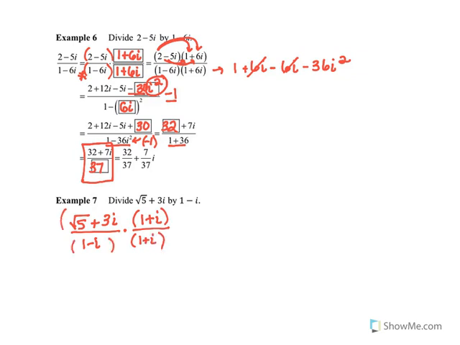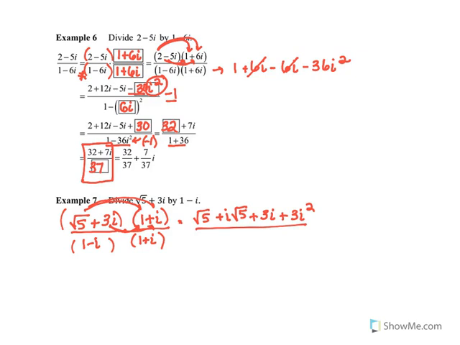Now we can distribute, so the square root of 5 times 1 is the square root of 5. The square root of 5 times i is positive i square root 5. Again, I'm putting my i in front so I don't accidentally put it underneath the square root sign. 3i times 1 is positive 3i. And 3i times i is positive 3i squared.